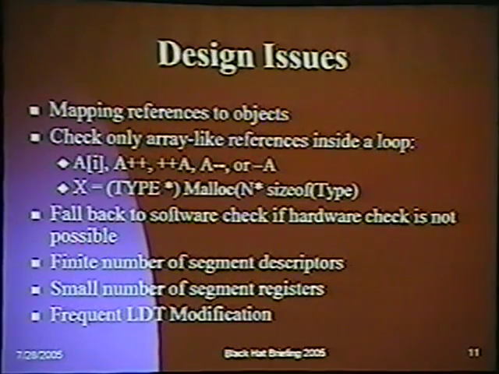Also, once you want to allocate a segment for each array or object, you have to modify the local descriptor table, LDT, very frequently. And the LDT typically lives in kernel space, which means you have to make a lot of system calls just to modify it. That turns out to be a big issue for us.